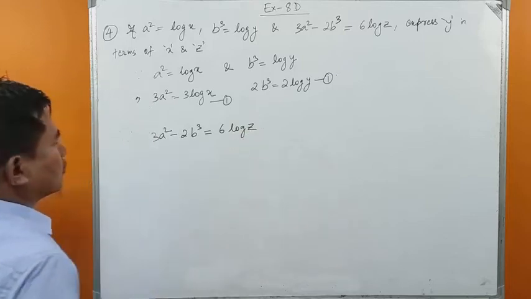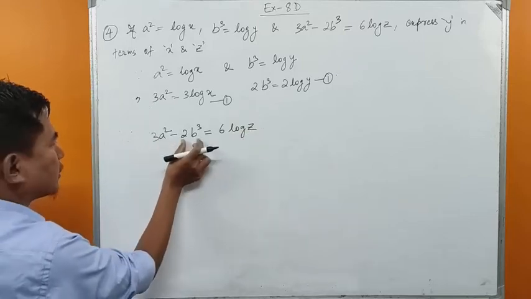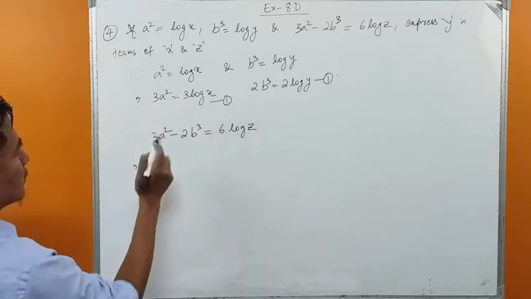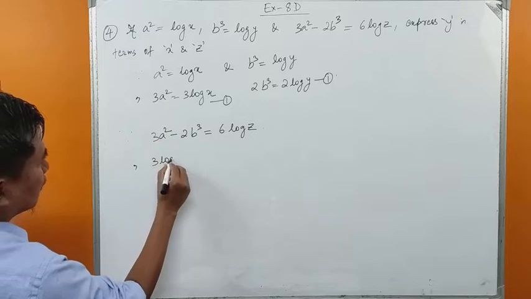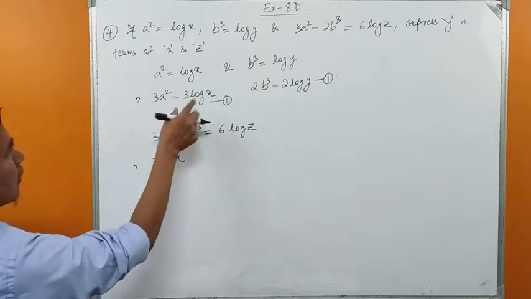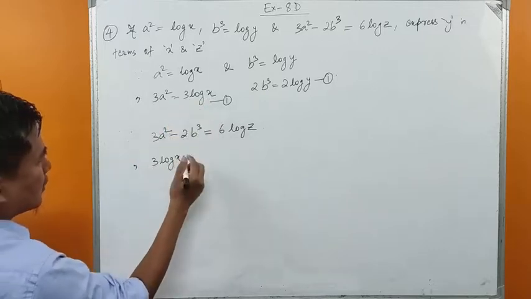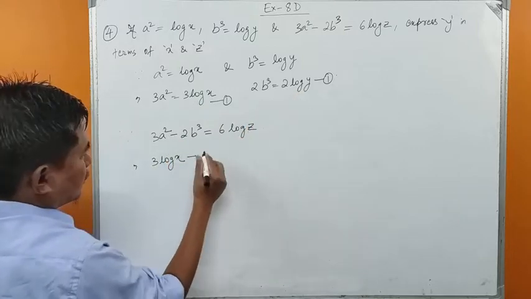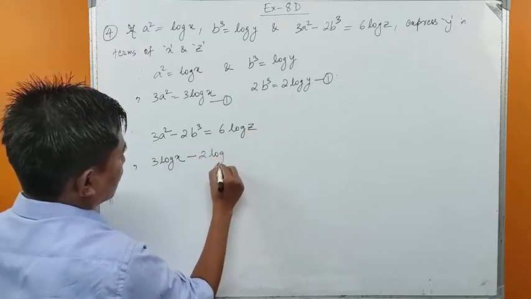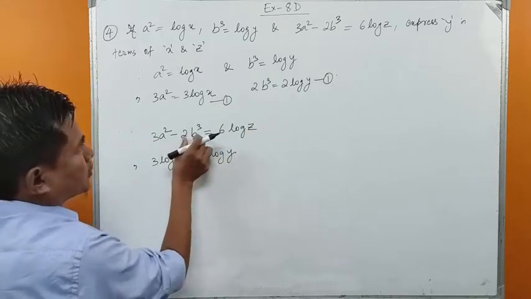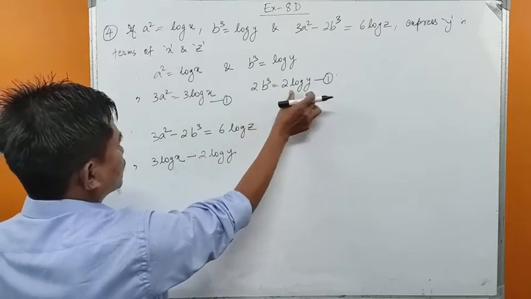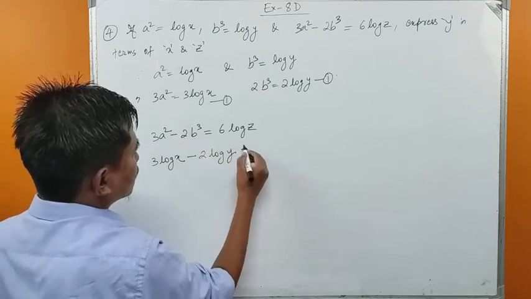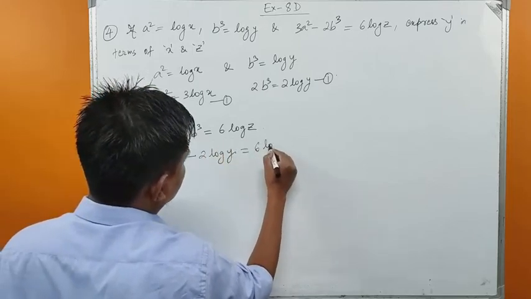Let us put the values of 3a squared and 2b cubed. 3a squared is 3 log x, minus 2b cubed, which is 2 log y, equals 6 log z.